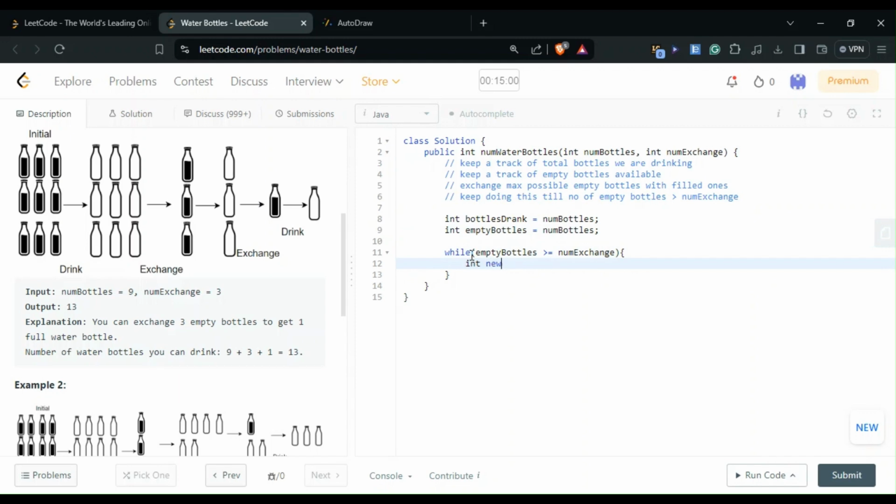This will come from how many bottles I can get for the number of empty bottles that I have, so that will be empty bottles divided by the exchange rate. This will be the new bottles I can get.